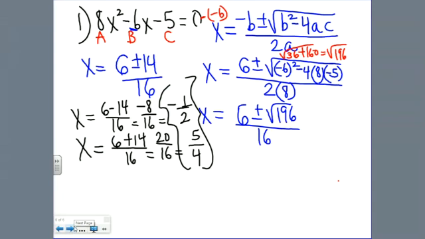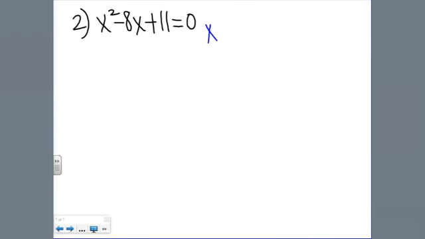Let's look at the second quadratic equation we did earlier when we were finding the discriminant, and let's actually solve it using the quadratic formula. So let's write down the formula first.